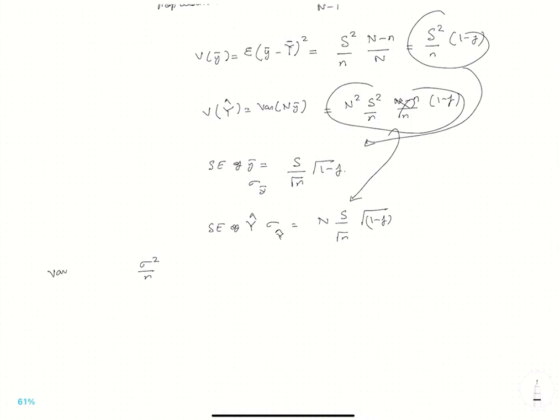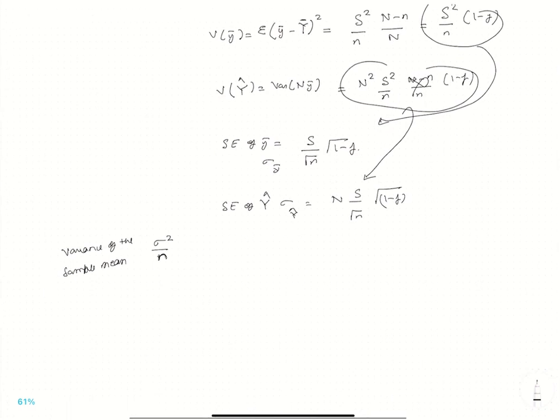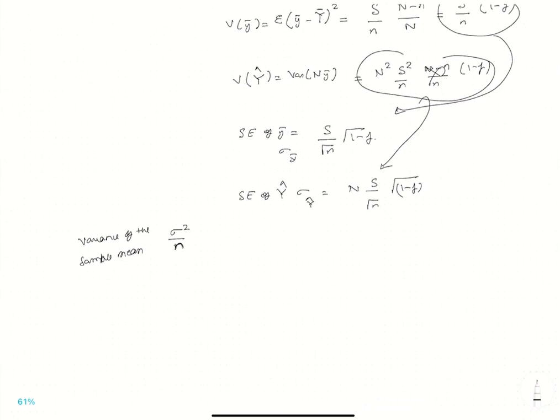This is the variance of the sample mean, where sigma square is the population variance, and if you want the standard error, it will become sigma upon root n.